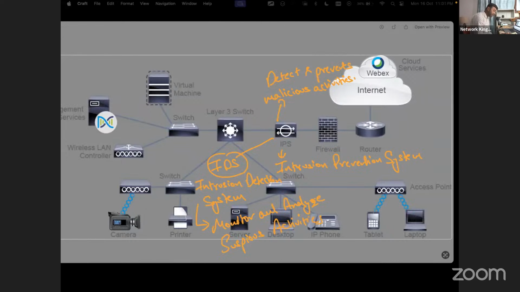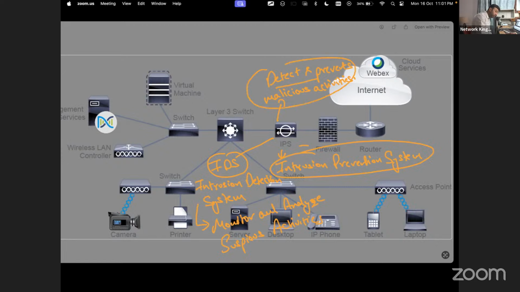Very slight difference. IPS, Intrusion Prevention System, will detect and prevent malicious activities, where this device will protect us also. But IDS is like monitor and analyze. We only have to watch, we will not protect. We will analyze and monitor, and then maybe another device, maybe a firewall or IPS, will protect, but IDS will only observe.